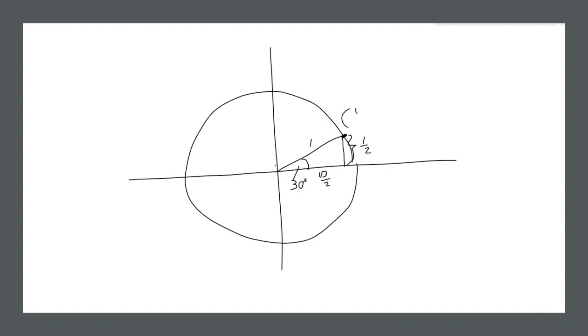Well, the x coordinate, root 3 over 2, and the y coordinate, 1 over 2. Okay, and that's why cosine of 30 degrees is root 3 over 2, and the sine of 30 degrees is 1 over 2. And that's one way we can fit this triangle in the unit circle.